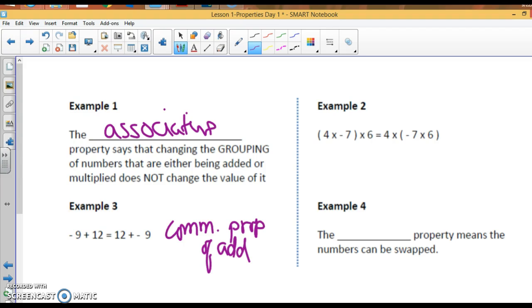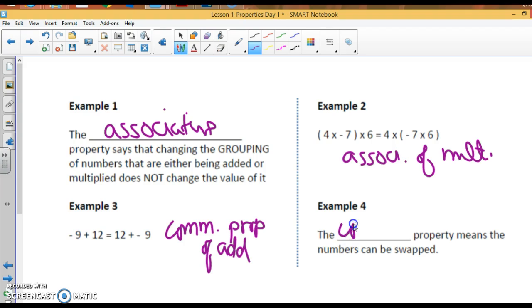Okay, let's take a look at this one. This is 4 times the quantity -7 times 6 equals 4 times the quantity -7 times 6, with different grouping. Look at the order. The order is the same. 4, -7, 6 on both sides. What changed? The grouping. So this is the associative property of multiplication.